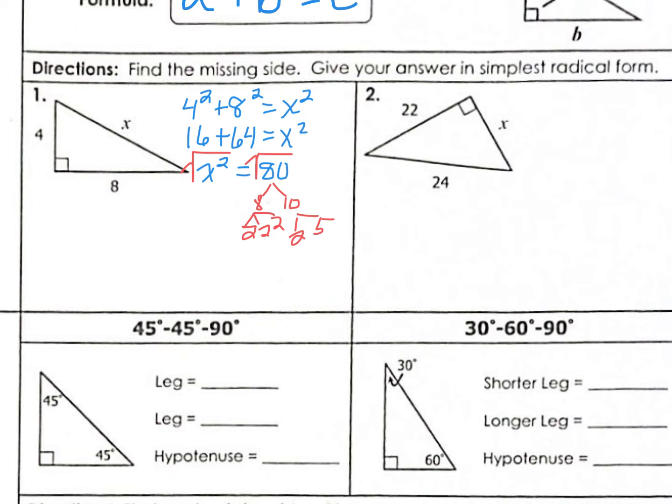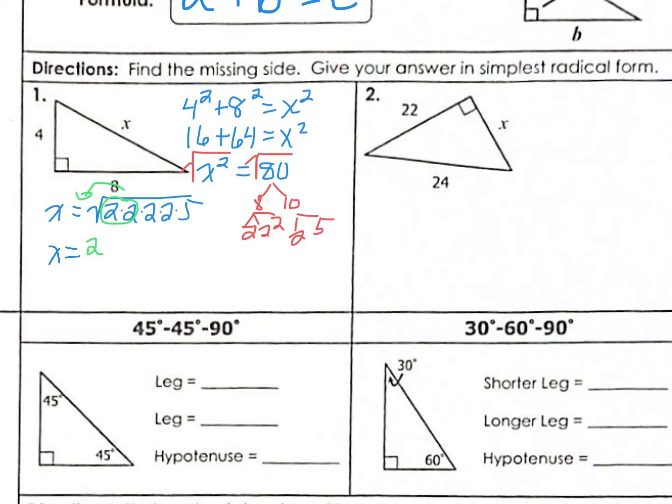So to simplify, I've got x equals the square root of, so I'm going to take 1, 2, 3, 4 2's, and the 5. So we still have that 5. So remember, because it's a square root, I want groups of 2. So I have one group of 2, which means that it is going to come out in front of the radical.